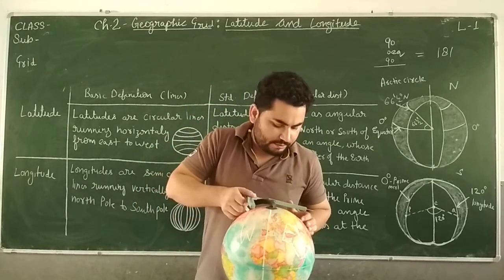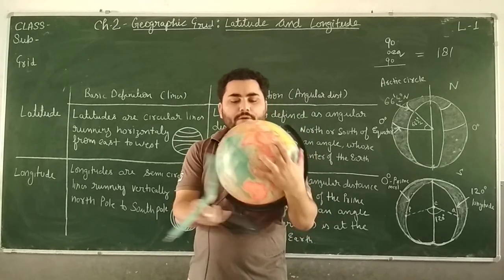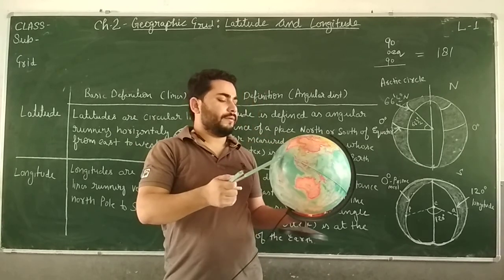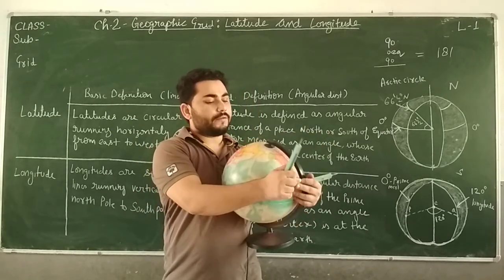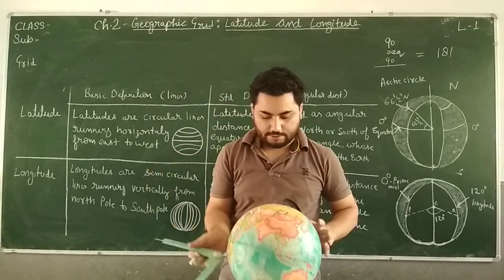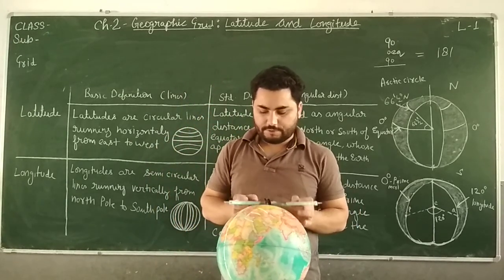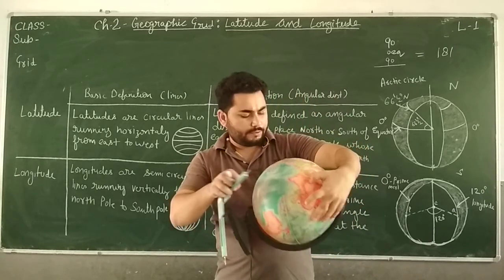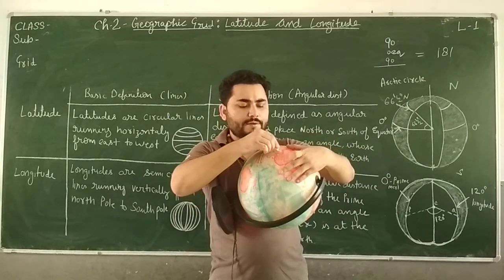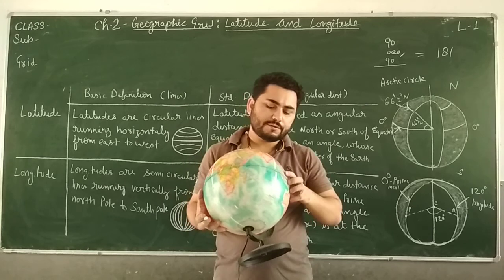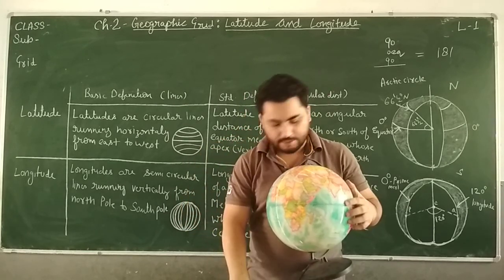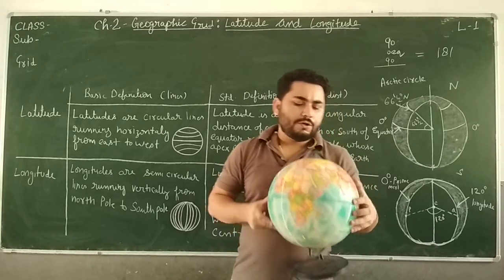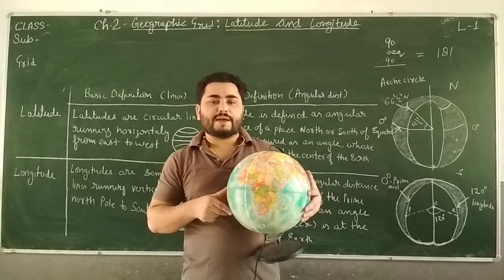If it comes to this line, it is 80 degree, and then if I make it straight like this and measure downside, it will be around 90 degree. You can see here, this is the 90 degree I have just measured. So this way we measure the angle.